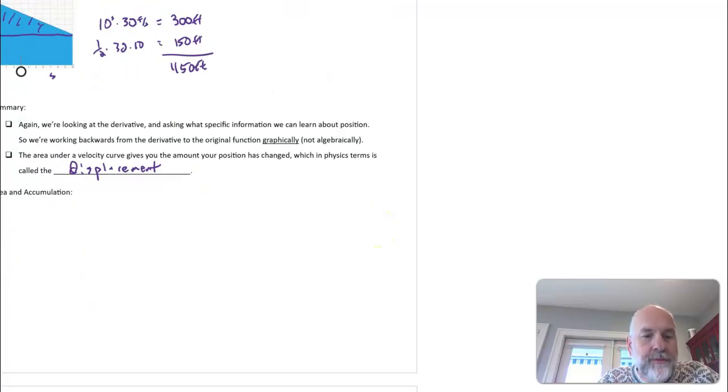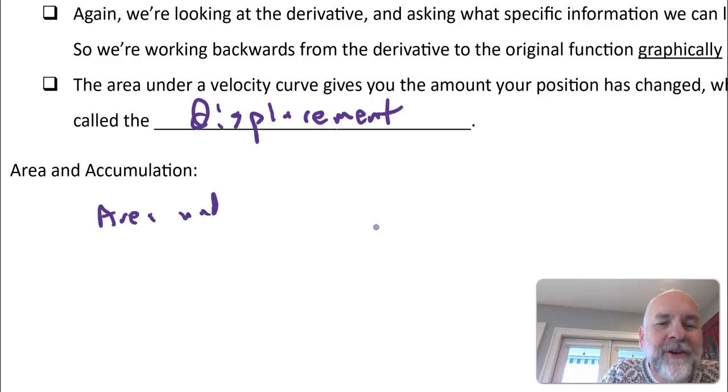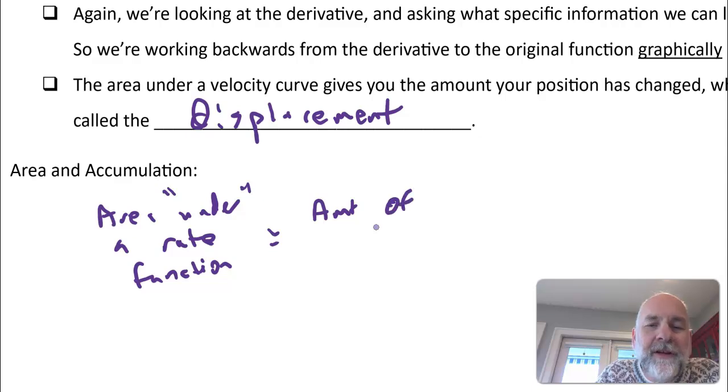And so area and accumulation, this is what we talked about a little bit before, but just to say it, is that the area under, and for a moment, I'm going to say under in quotes, and you'll see why in the next example, a rate function is the amount of stuff you've accumulated.